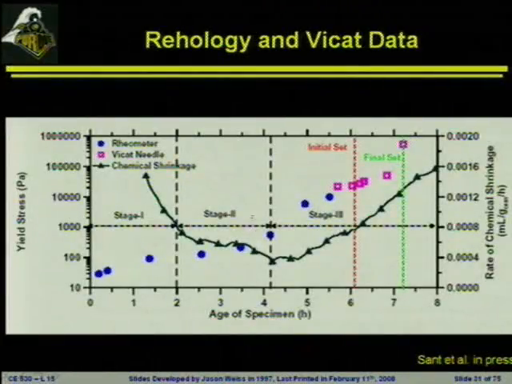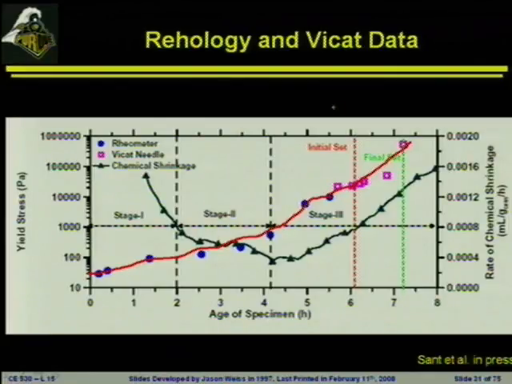So if we take some of the rheological data, the rheological data is this blue data that we've seen here, you can compare it with the yield stress that we could compute from the Vicat needle. And what you would see is that these are very, very similar types of data. They start to match up if we look at these in terms of yield stress.